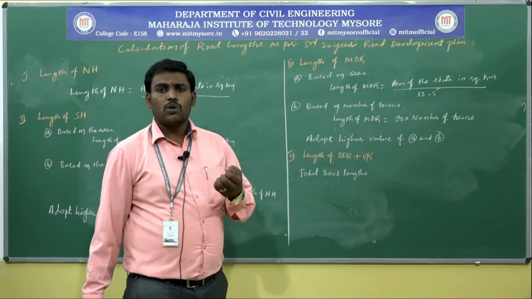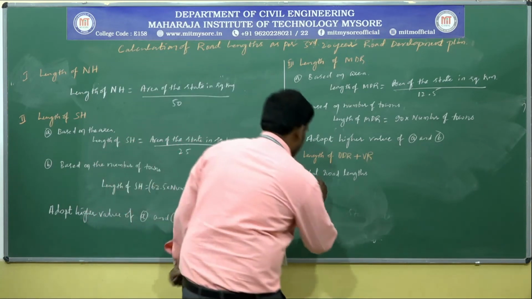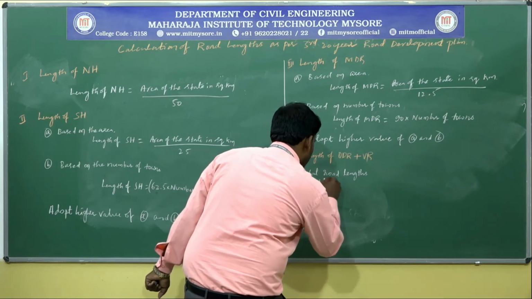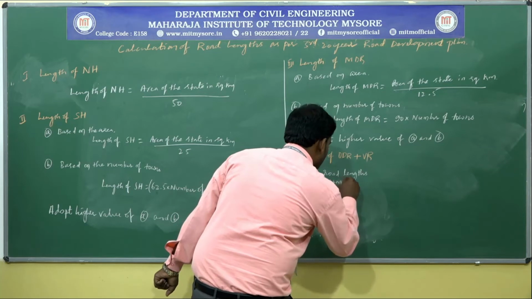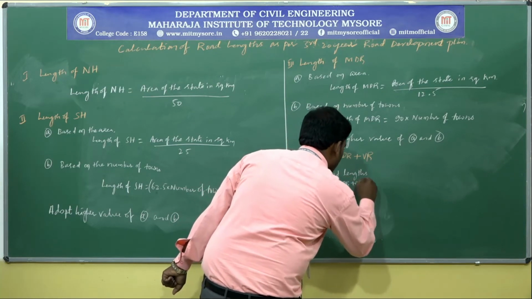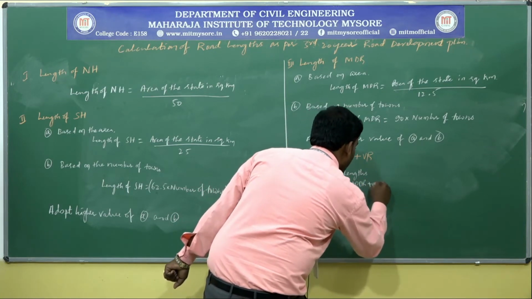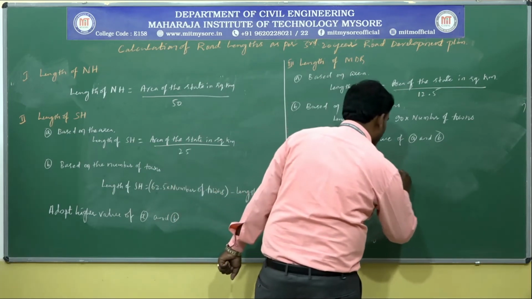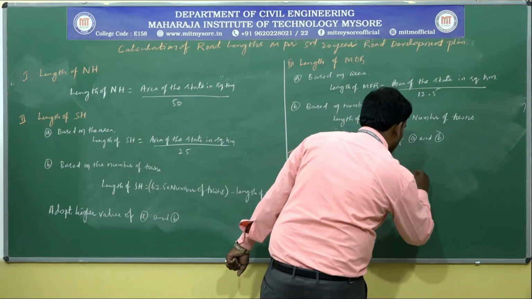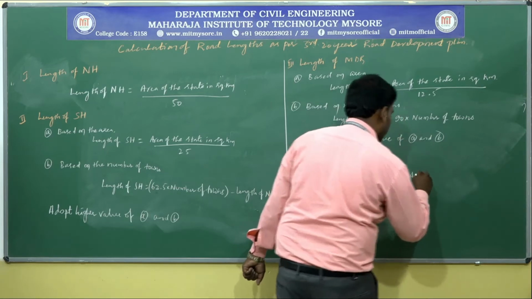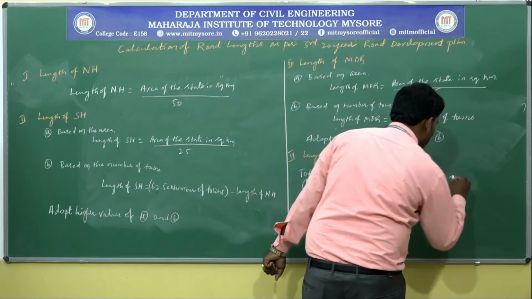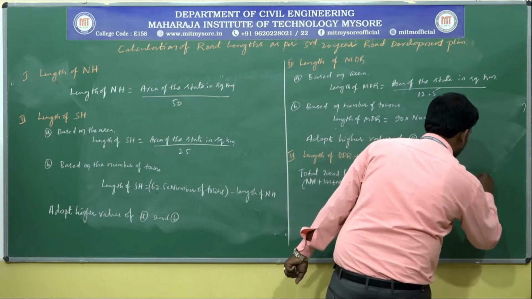How are you going to calculate the total road length? That is, it is the sum of NH, SH, MDR plus ODR plus VR. All together the total road length will be obtained by multiplication of area of the state into density.